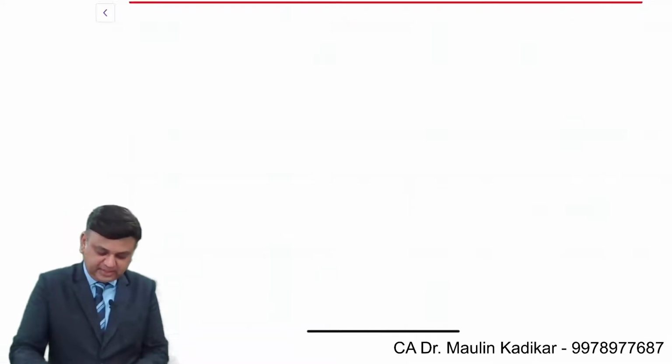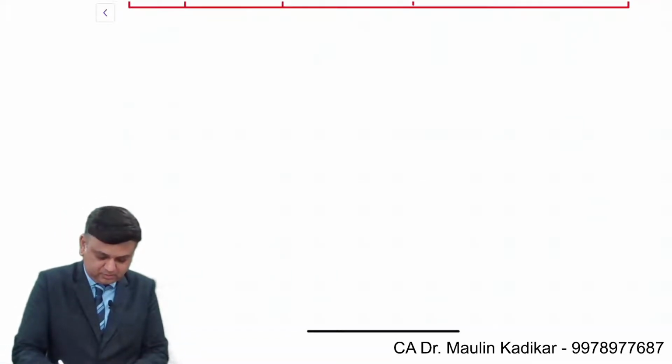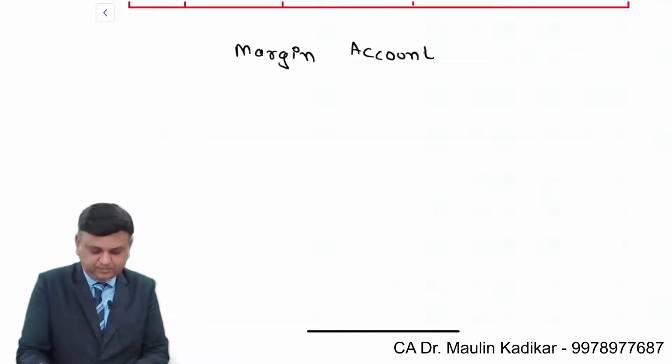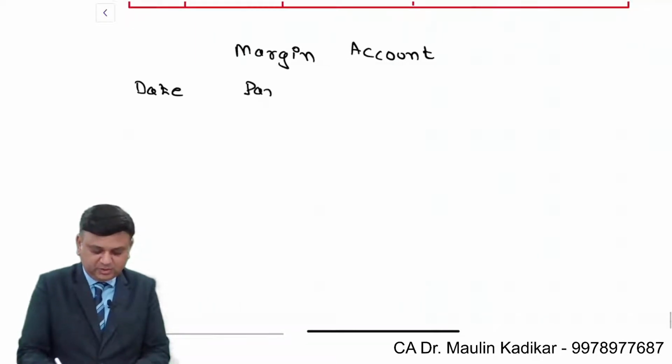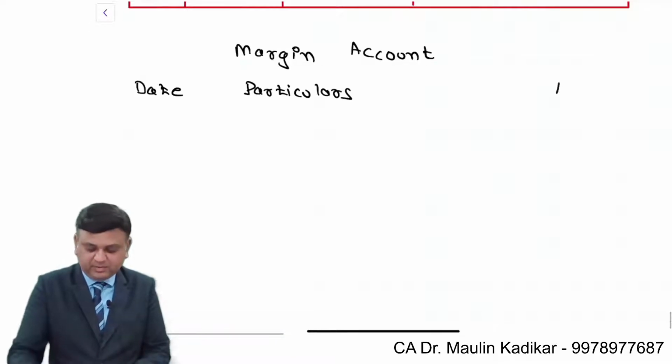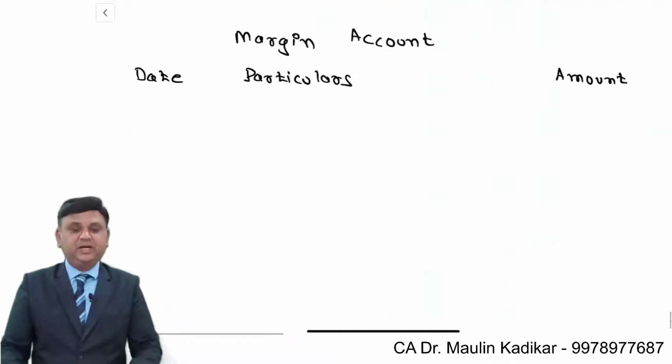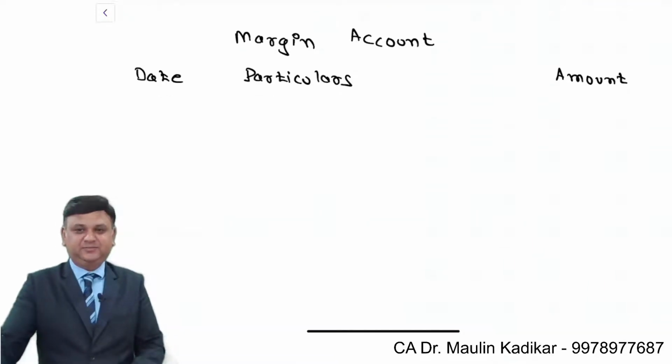First, write the heading margin account. In that, column number 1 is date, column number 2 is particulars, column number 3 is amount. That is the way we will have the margin account.